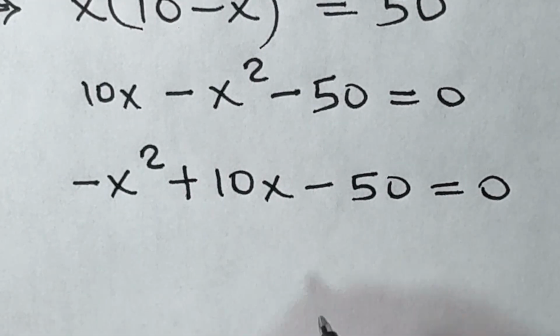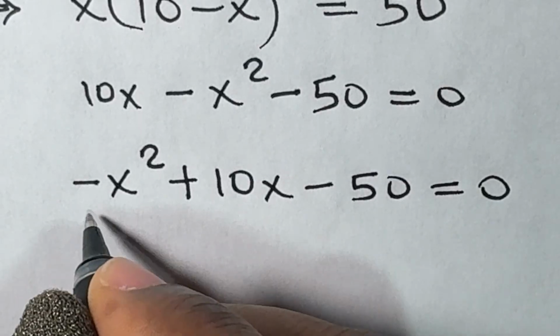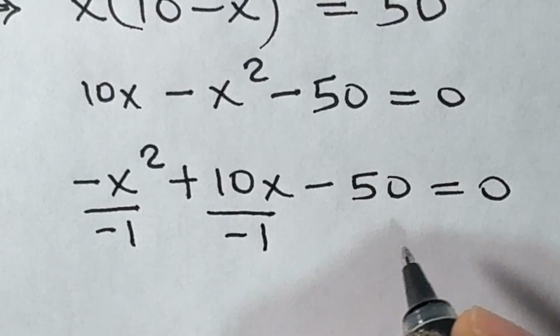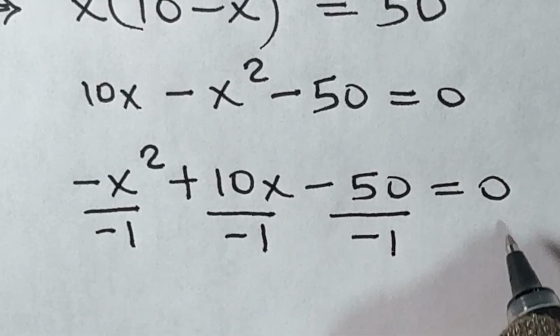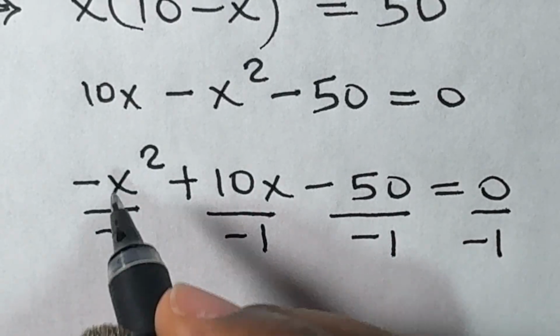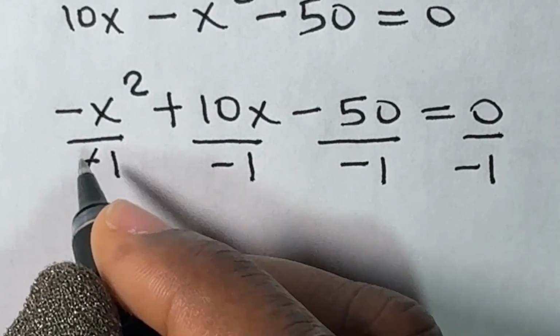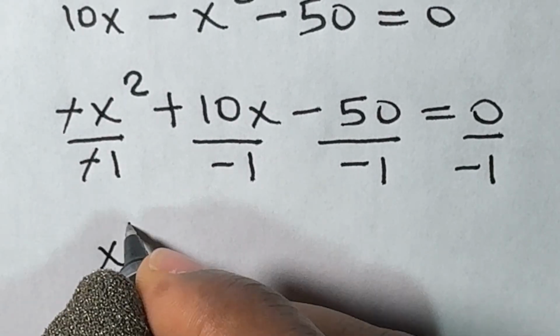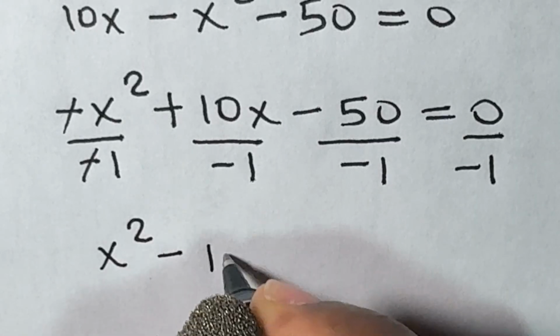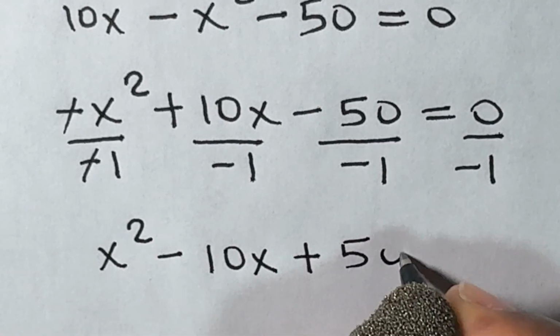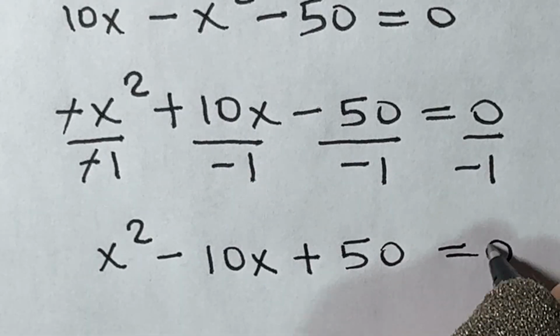I can divide or multiply through by negative 1 so that the coefficient of x squared is positive. So doing that, I get x squared minus 10x plus 50 is equal to 0.